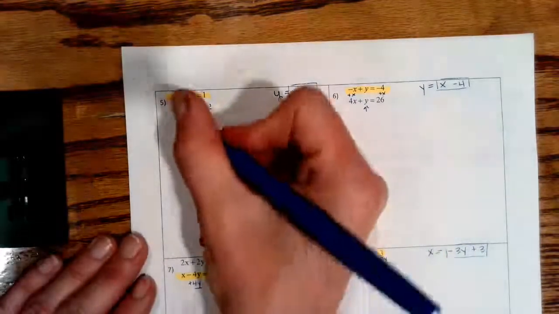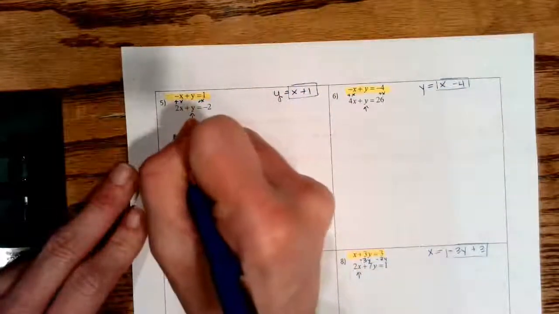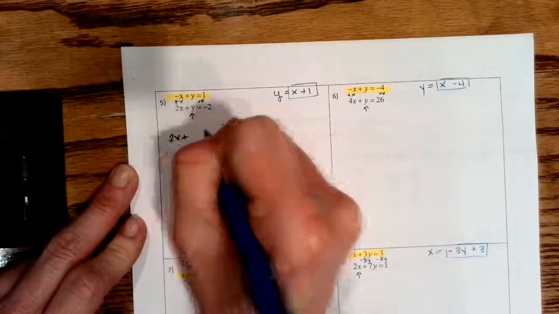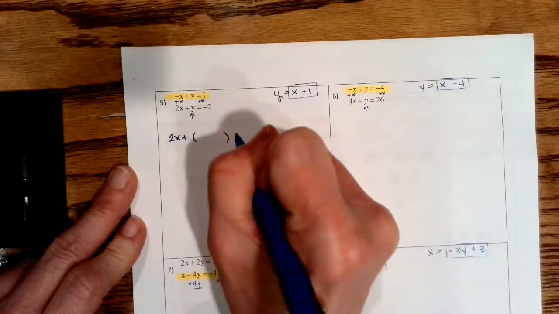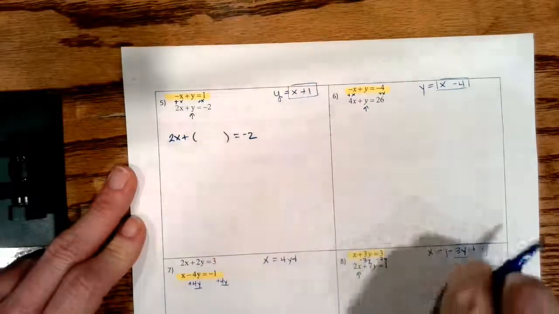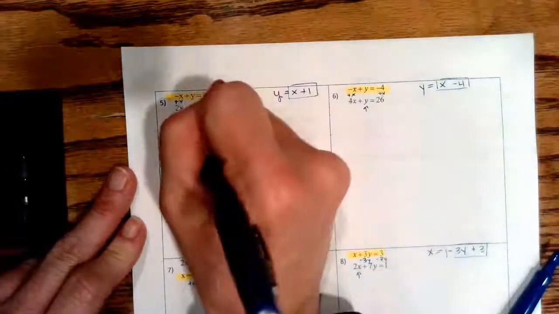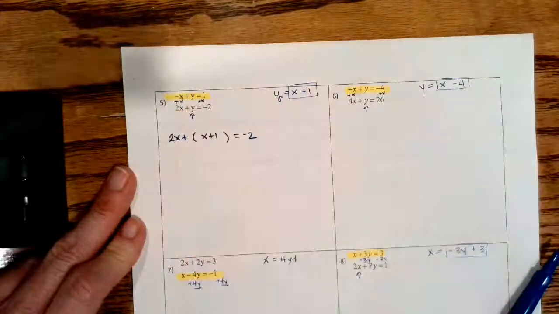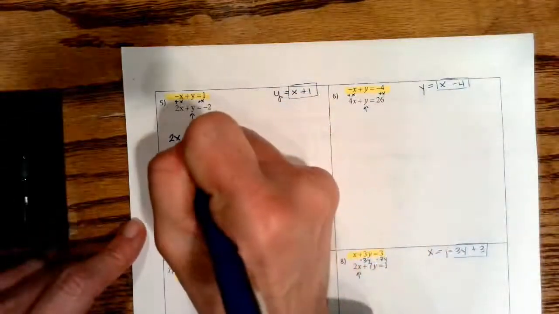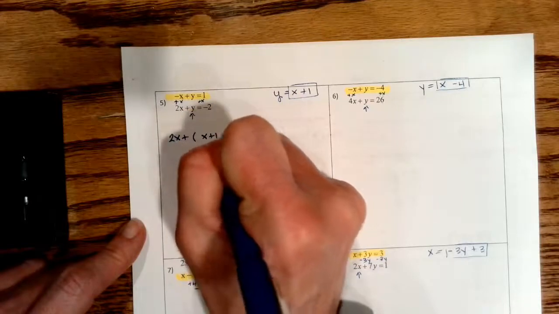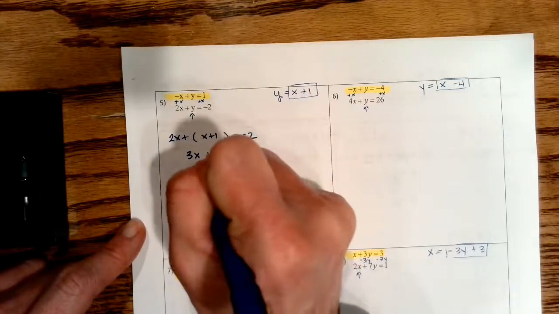Okay, let's see if we match. So I have 2x plus whatever I want to write in for y is equal to negative 2. I'm going to put in x plus 1. That's going to give me 3 x's plus 1 is negative 2.